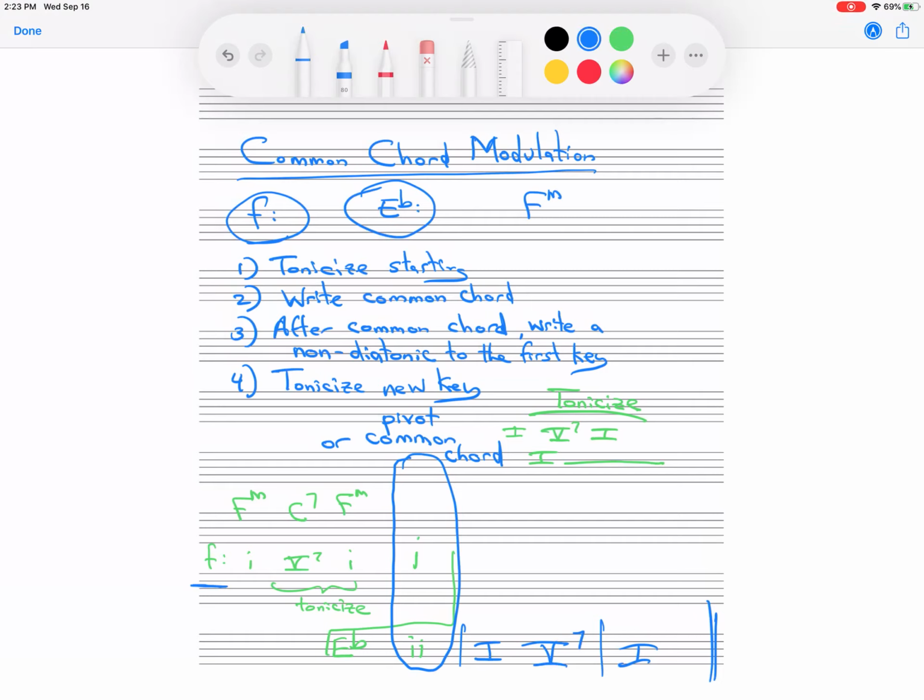Let's try 164. Alright, so we're going to keep F minor there, and then I'm going to try E flat over B flat, B flat 7, and E flat. Alright, technically this is the way you do it, and okay.